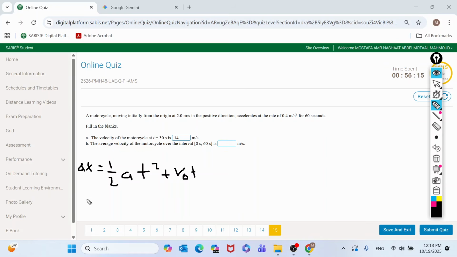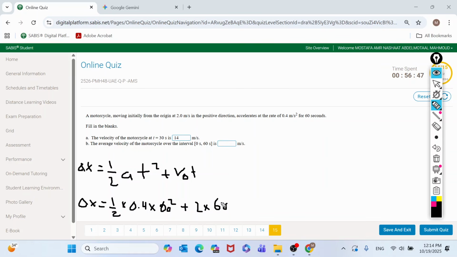So the displacement is going to be delta x equals 1 over 2 times 0.4 times 60 squared plus 2 times 60.